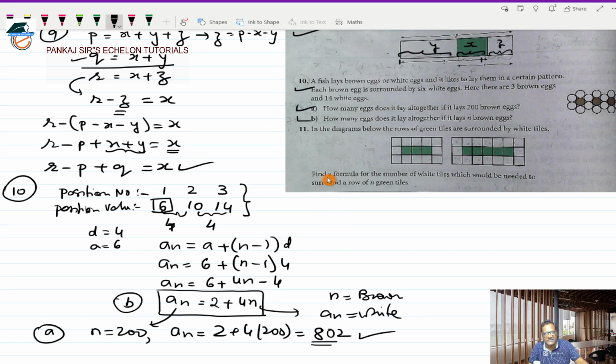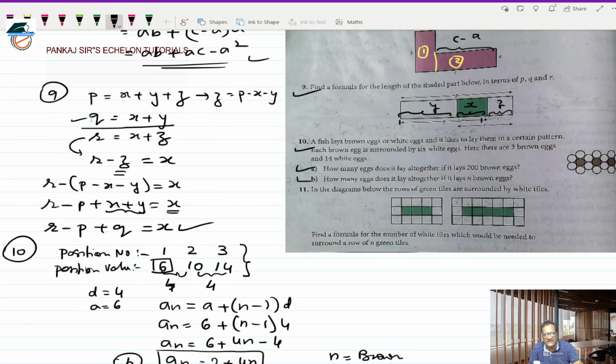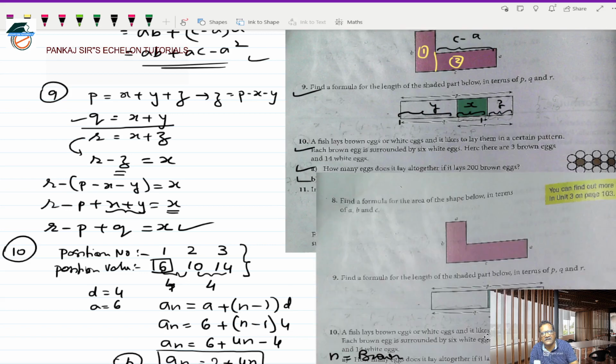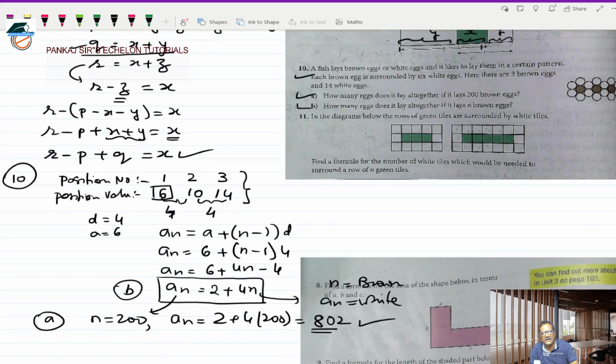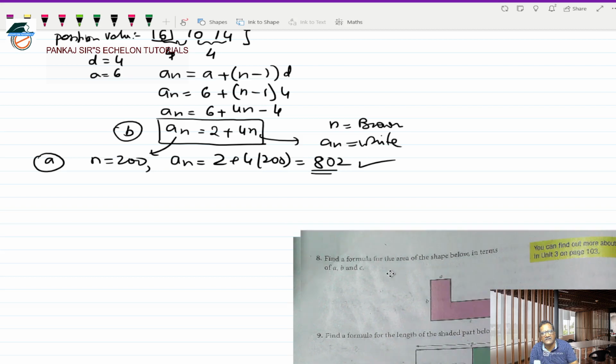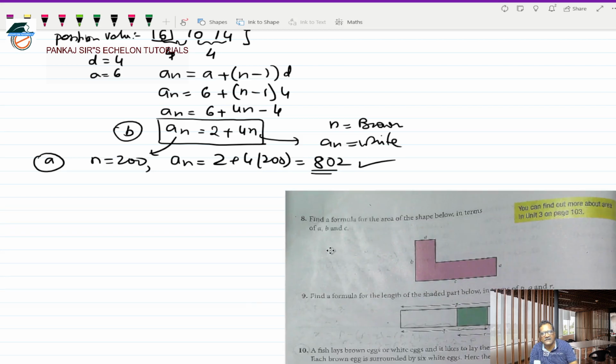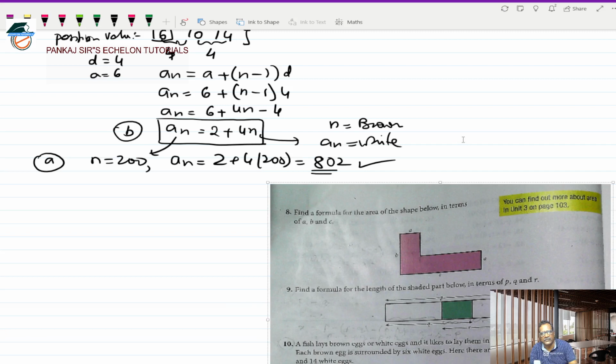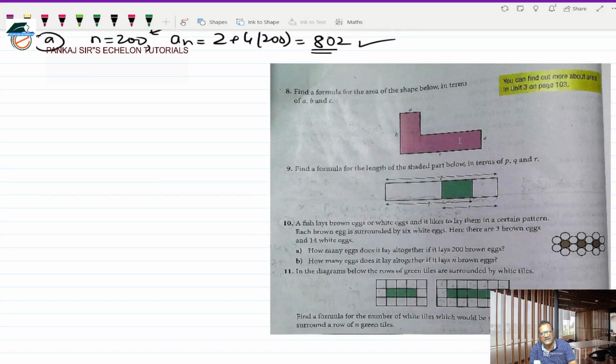Now on similar lines you have question number 11 also. So let us try to find out the answer for question number 11. Here we go with question number 11, the last one.